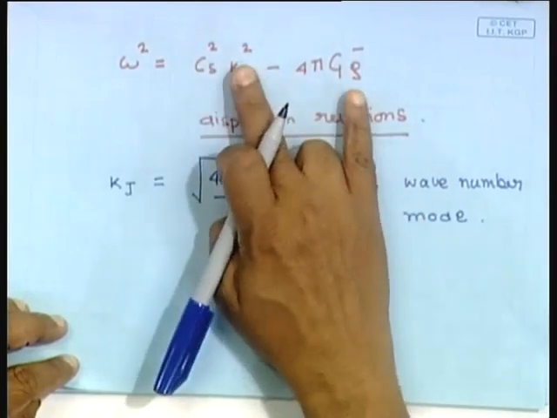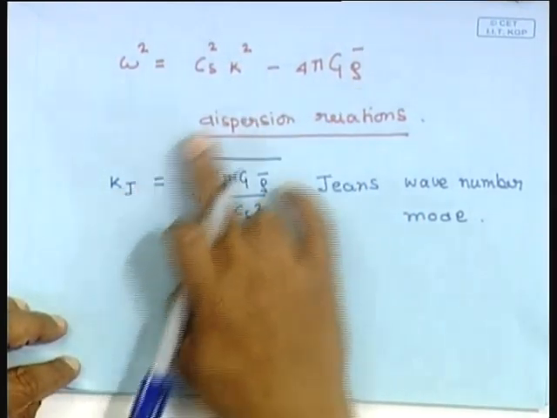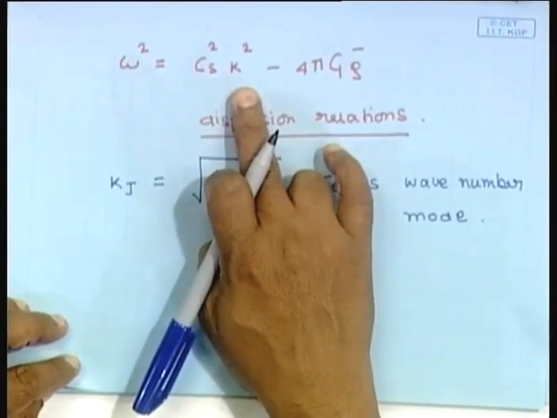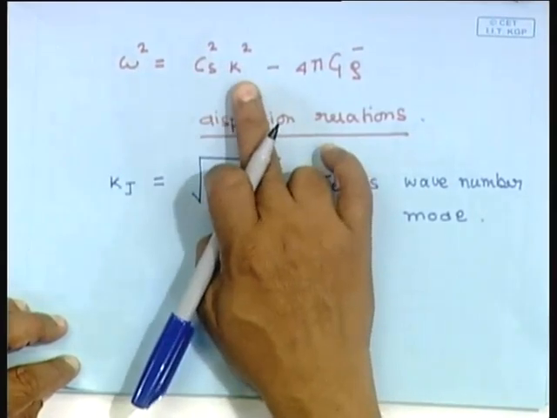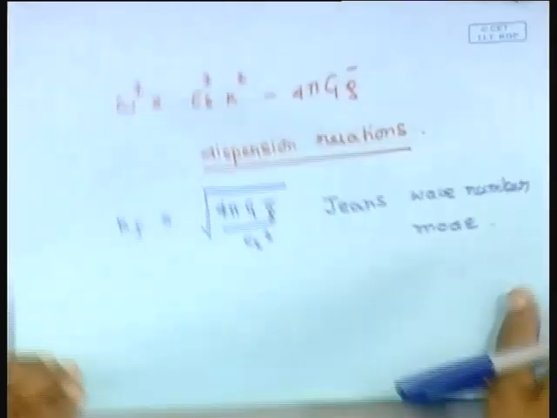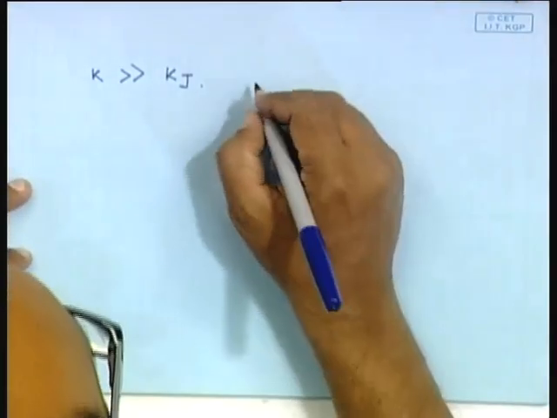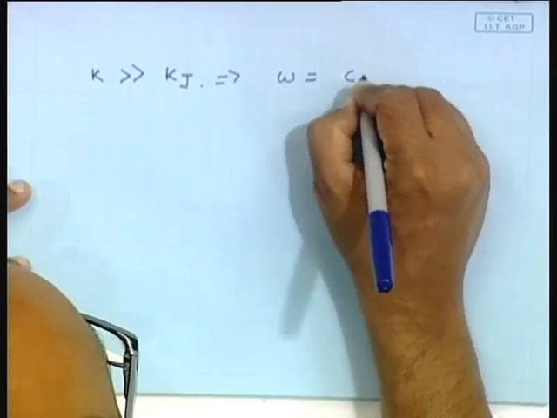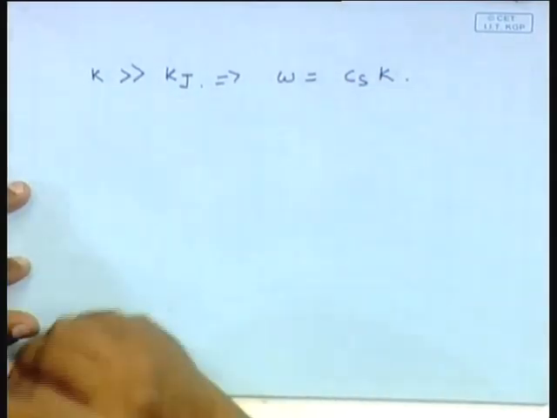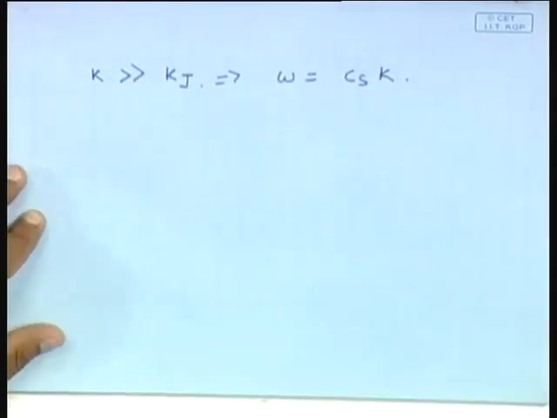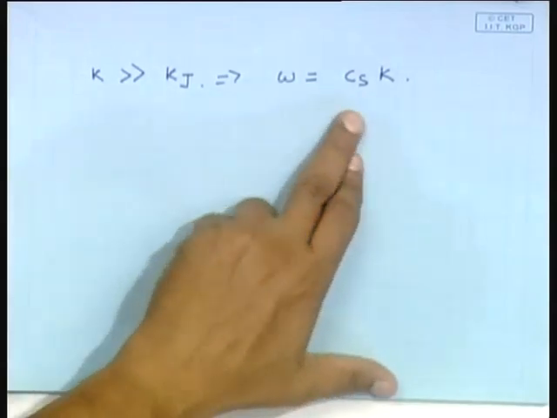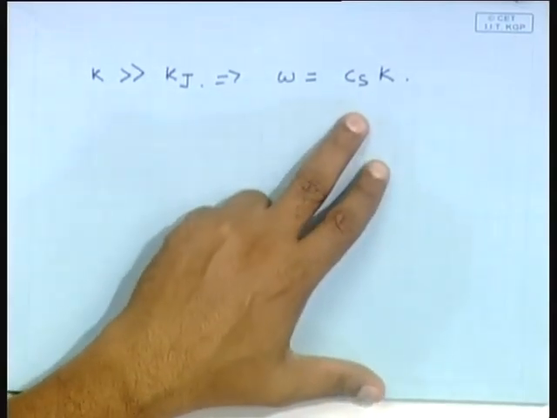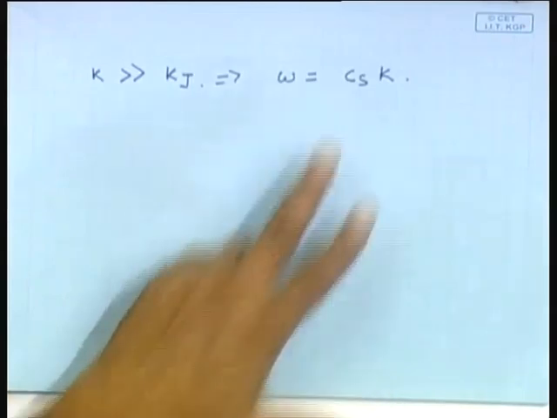The two are equal when K is exactly equal to Kj. If K is much larger than Kj, this term dominates, so we can ignore this term, and we have omega is equal to Cs K.